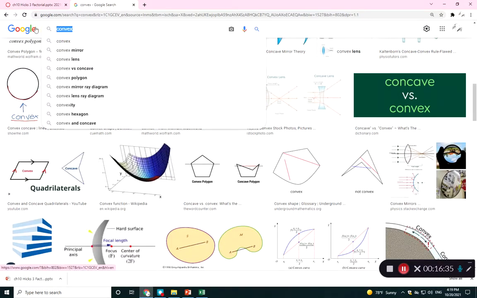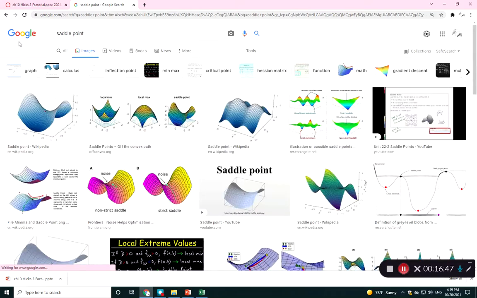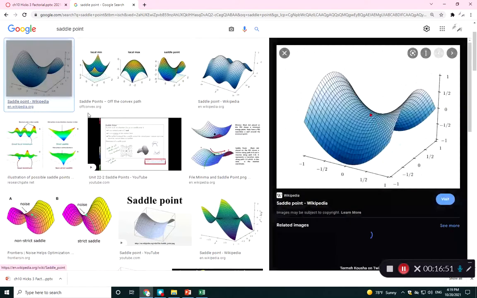Saddle point means that it could be max, could be min, in the middle, depending on how you look at it. Yeah, this is a saddle point. Look at the saddle point.